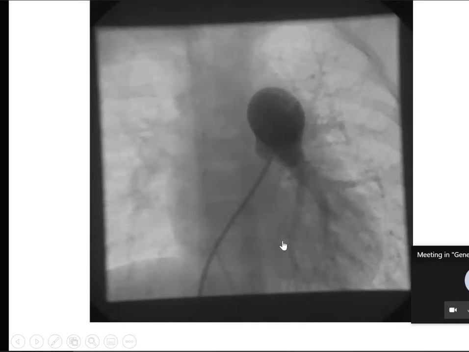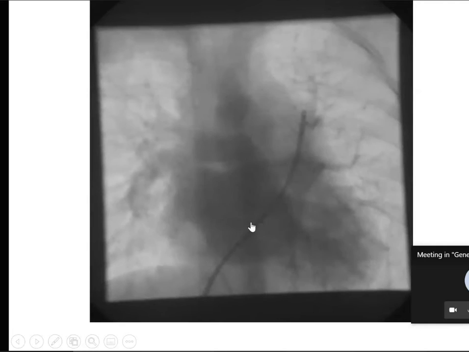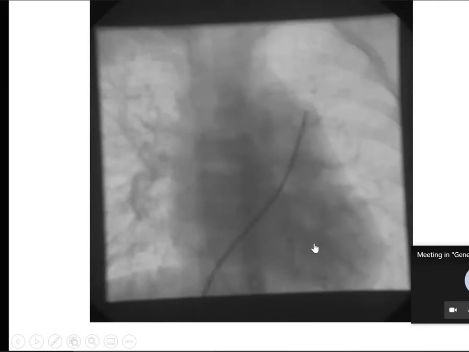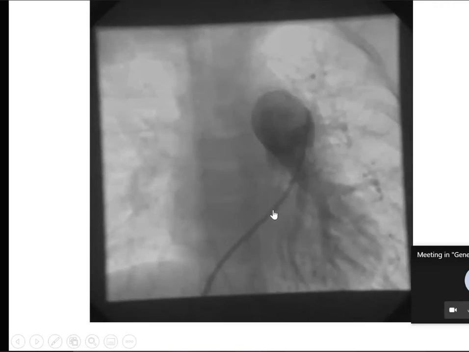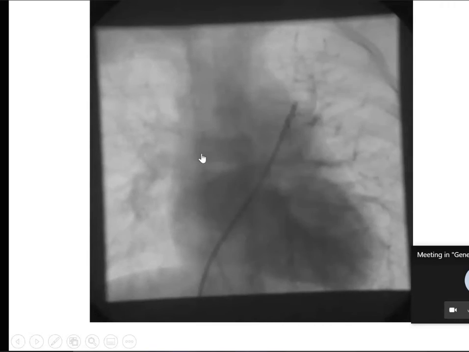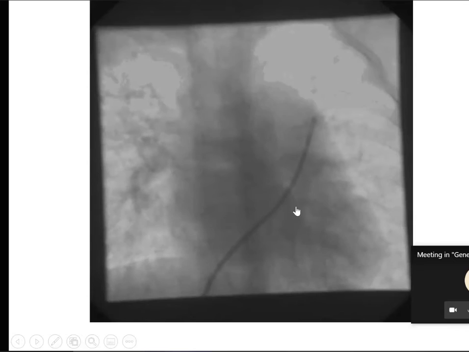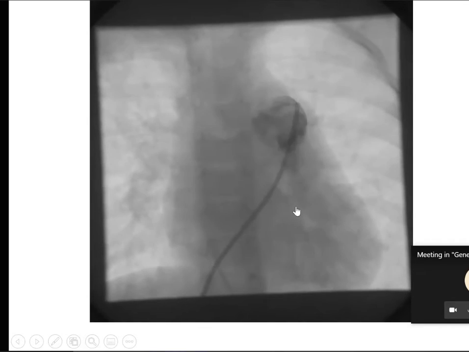Okay, so this is from the IVC to RA. This is the left pulmonary artery. So what is happening in the levo phase? It fills the LA, LV, and aorta, and then now the right pulmonary artery is filling from the aorta. So what is this condition called?